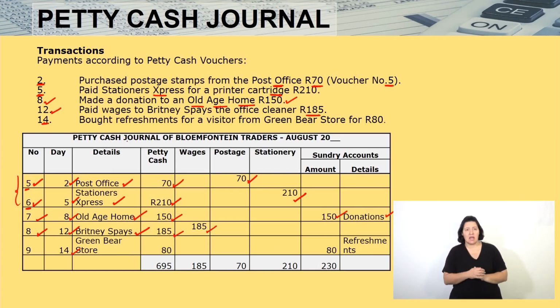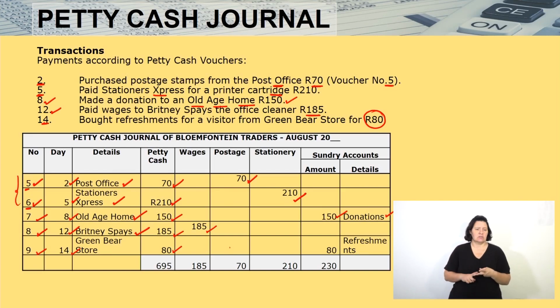And then the last one says, on the 14th, here's my 14th then. It says, bought refreshments for a visitor from Green Bear store. So here is my number 9. And then I come to my petty cash. I now say 80 because I spent how much? I spent 80. So I bring my 80 here. But that 80 is not part of wages.